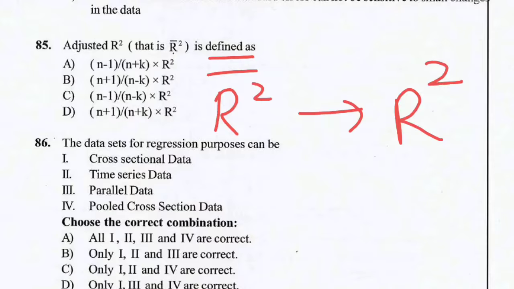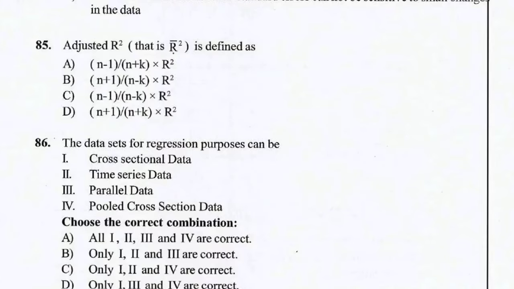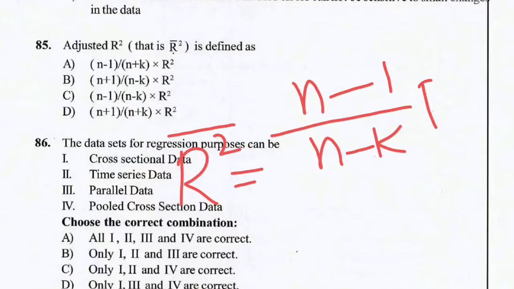Unlike R square, which always increases as more variables are added, adjusted R square only increases if the new variable improves the model more than would be expected by chance, okay. It is given by (n minus 1) upon (n minus k) times (1 minus R square), where n denotes the number of data points and k denotes the number of independent variables in the model.